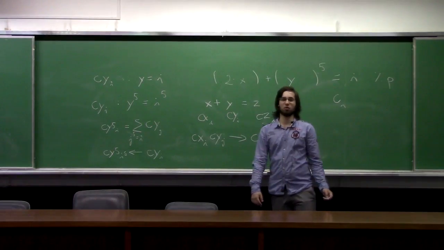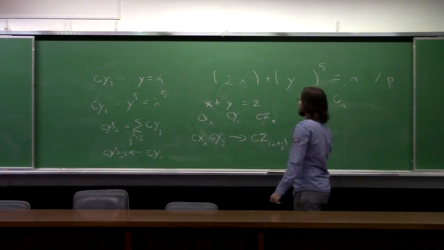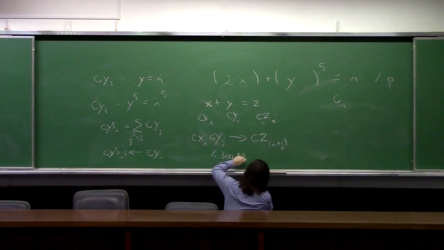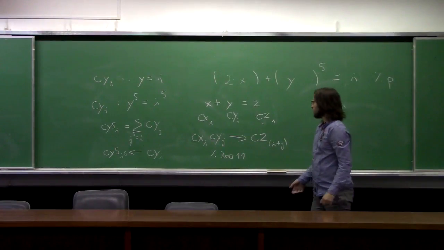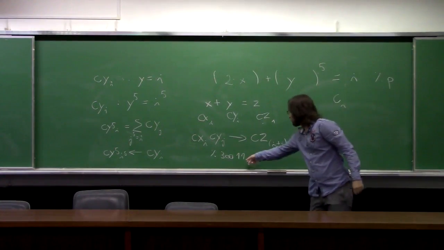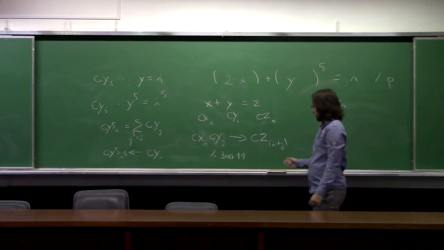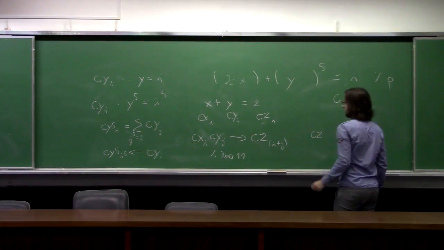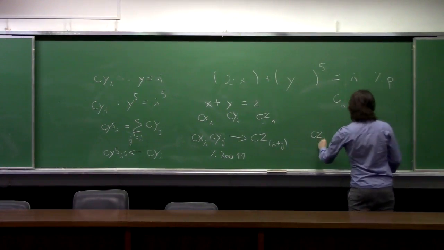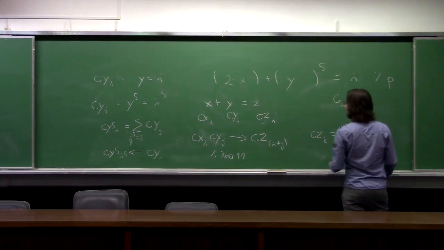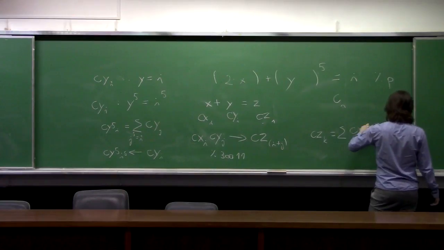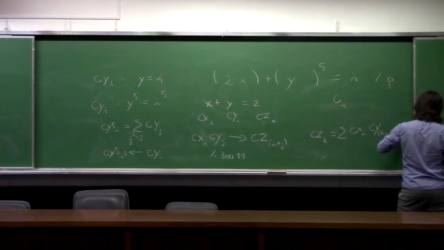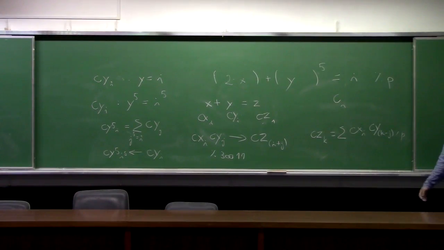The products are taken modulo 30,011, which doesn't have anything to do with P. The C values are taken modulo 30,011, and indices are computed modulo P. And yeah, if we wanted to find out CZK, then this would be the sum over I of CXI times CY at K minus J mod P. And this is convolution.